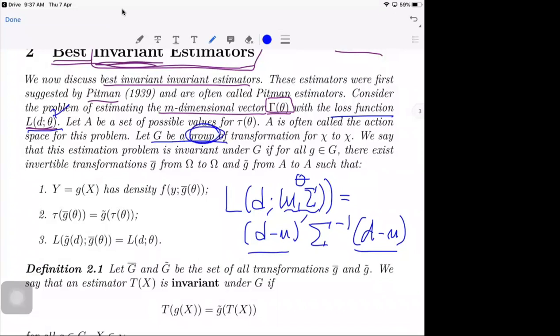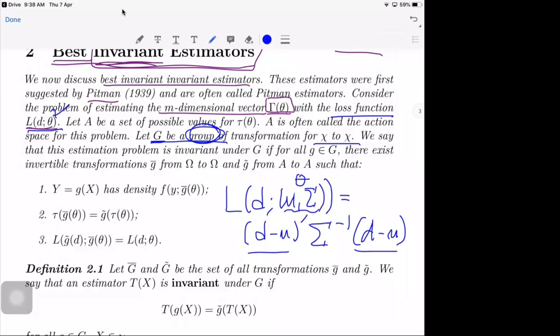Now, there are conditions for G to be a group of transformations. If you look at chapter 1, when will a set G, or a set of functions, be considered a group?